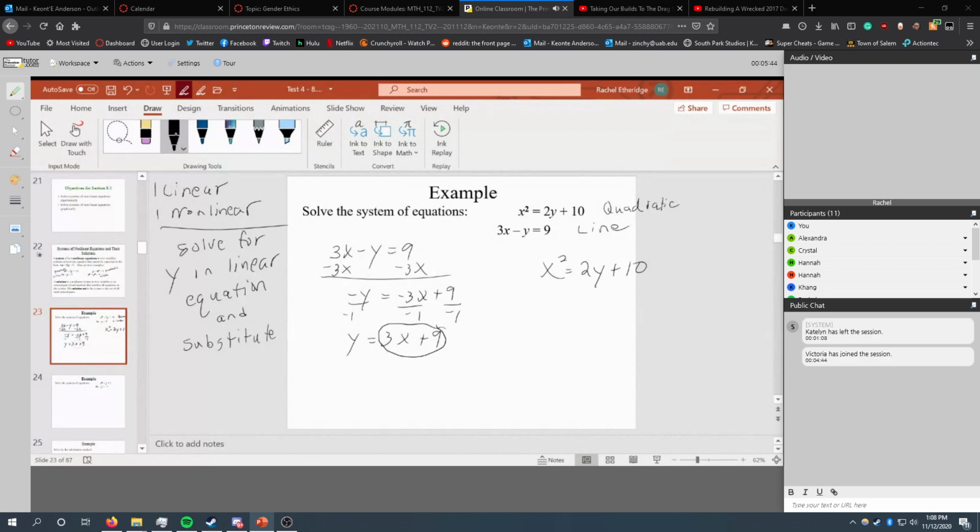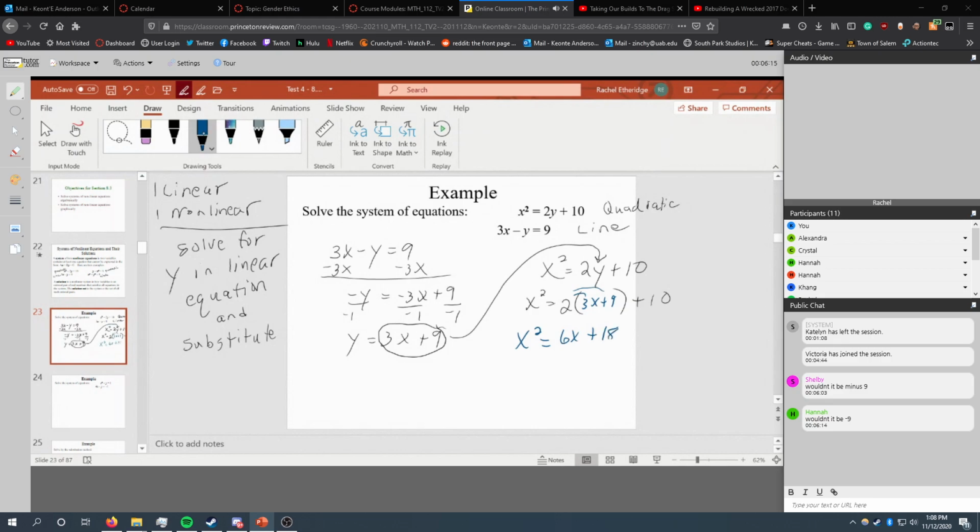Now I know what y is, so I can go substitute it there for y. So now I'm just going to substitute for y. So in place of y, I'm going to put 3x plus 9. Then I'm going to use the distributive property. And then I'm going to combine like terms.